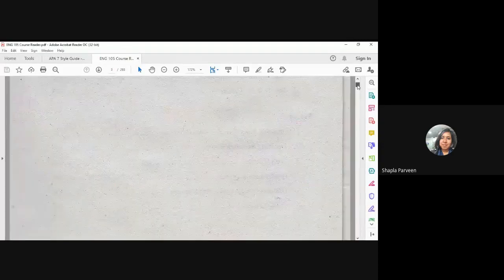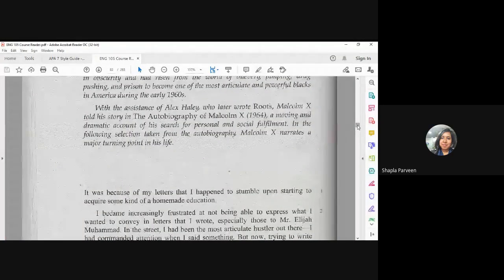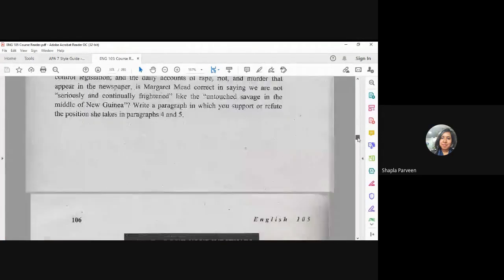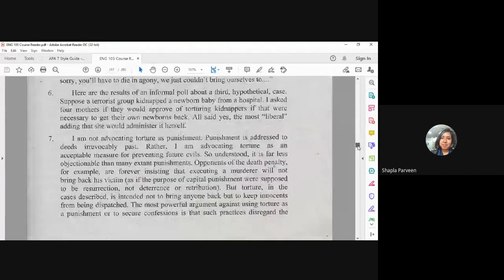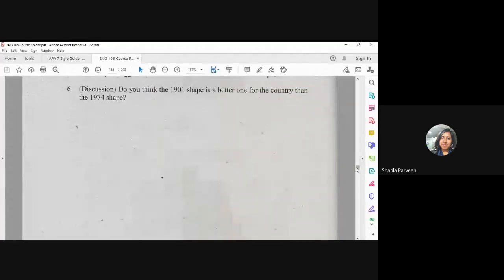Okay, so APA is really important, as I said. Can you all see the screen? Yes, miss. So I'm scrolling down to page 218. There's some basic information regarding APA here.